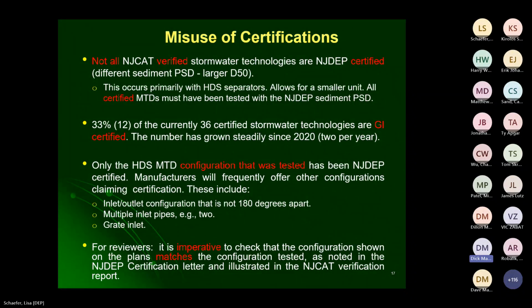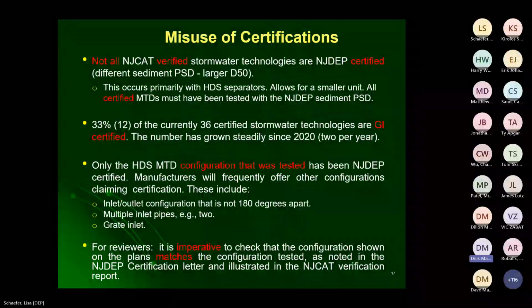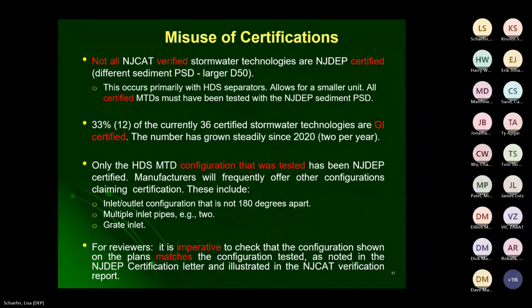Our D50 in New Jersey is 75 microns. In other states, people are willing to accept 120 microns. Well, obviously, larger particles are easier to settle out, and therefore you can have a larger treatment flow rate.